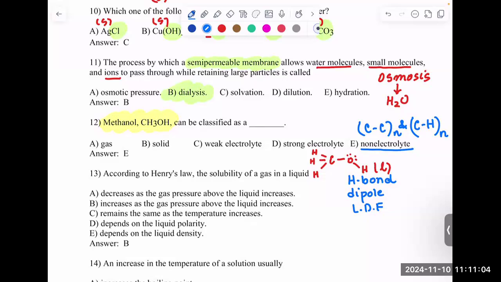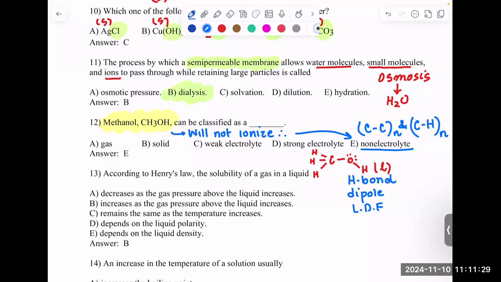It will not ionize. Therefore, even though it has all these strong intermolecular forces, it will not ionize. Therefore, it is a non-electrolyte. Electrolyte is only when they ionize.